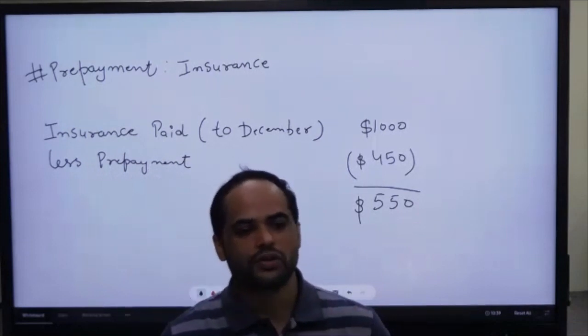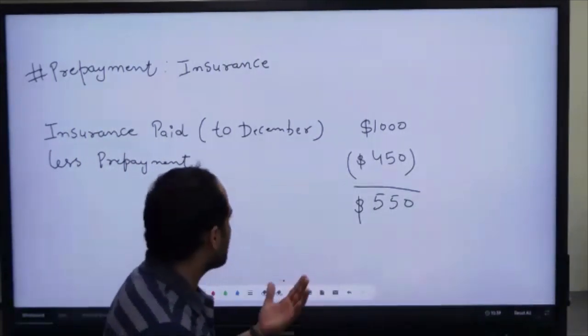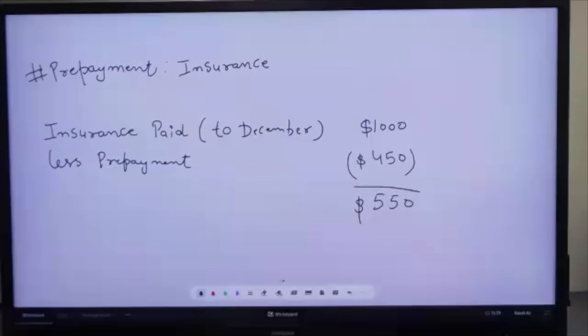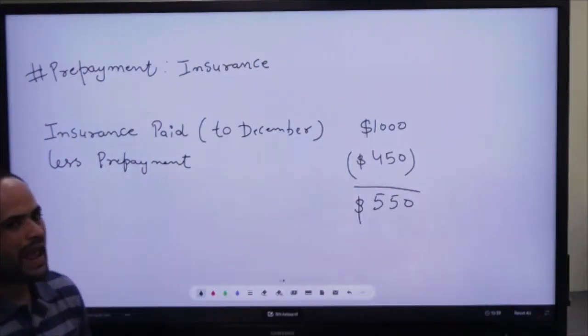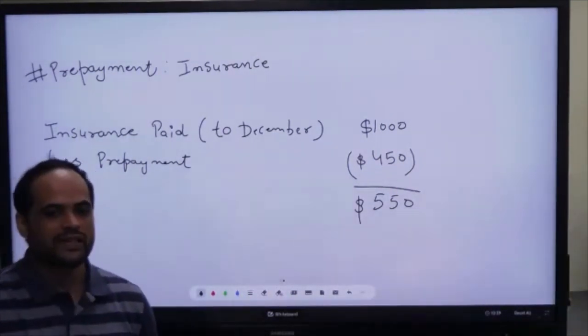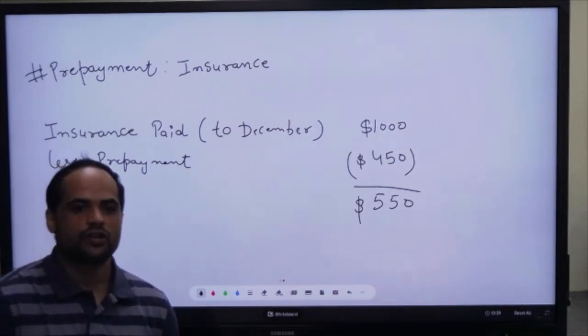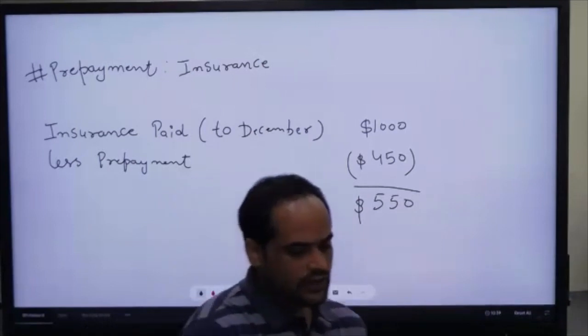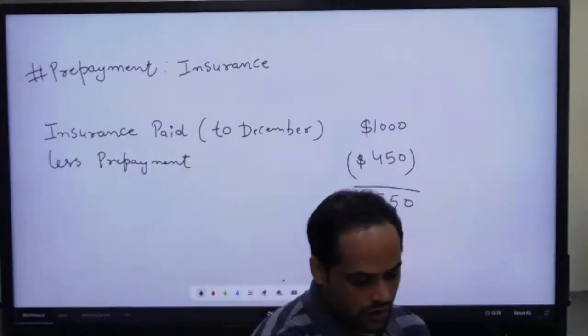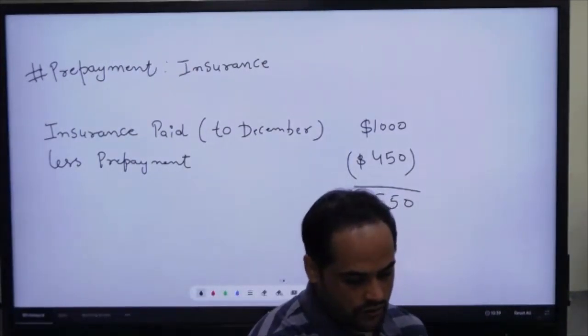Exactly the same thing we are doing here. We have insurance, which is 1,000, and then we already paid. So if we already made a payment, we will subtract this 450, right? And whatever insurance we have paid, that will be part of your balance sheet, right?